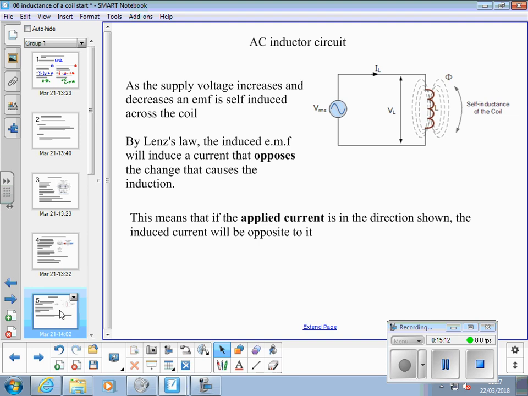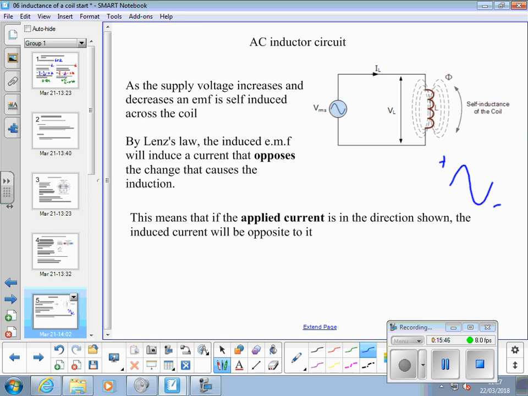If we put this same coil of wire, which becomes an inductor, into an AC circuit, AC by definition is constantly changing direction, and we're talking about a sine wave AC at this stage. It's going to go positive in one half cycle, negative in the other, climbing until it hits a peak, then falling to a negative peak and back up to zero again.